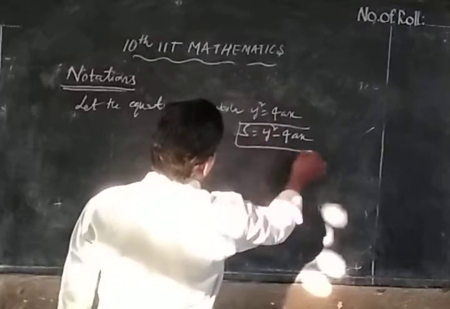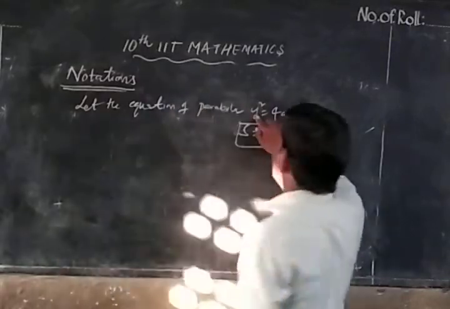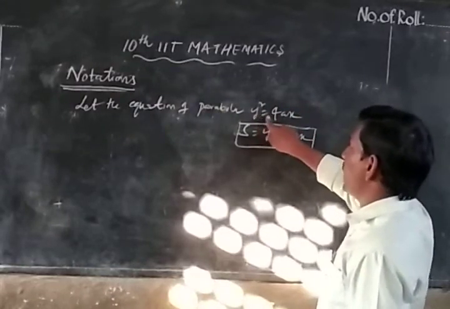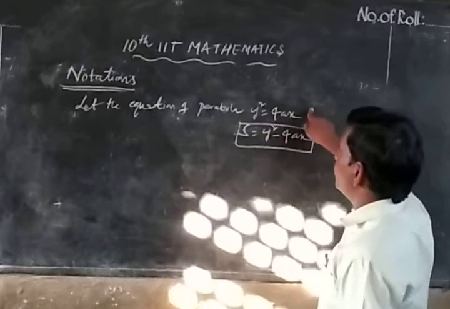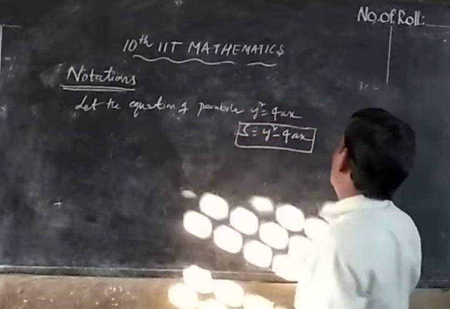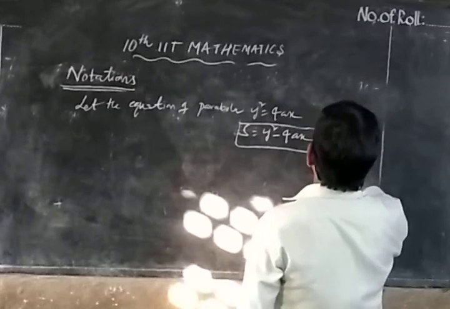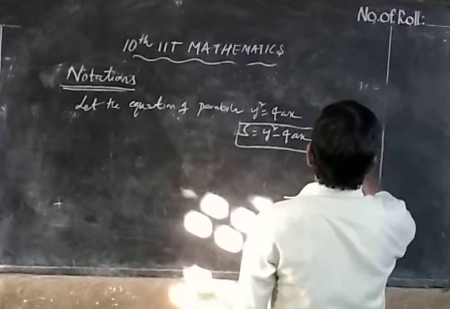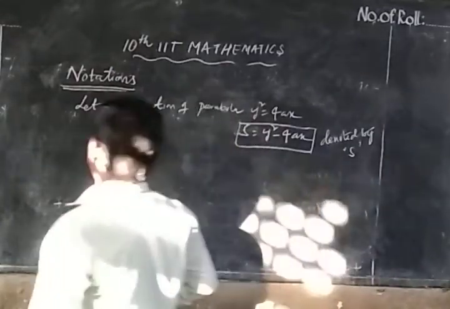It is denoted: y² = 4ax, y² - 4ax = 0. So the equation of the parabola is denoted by S.